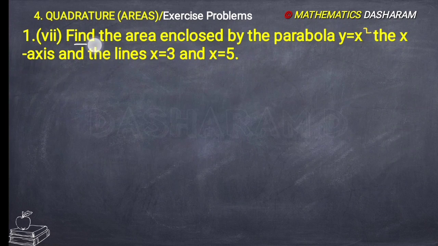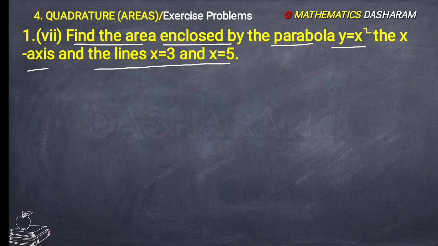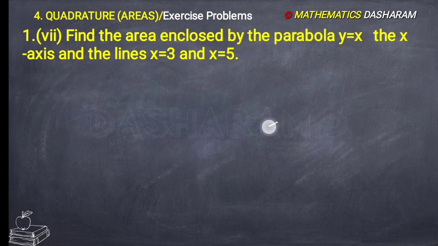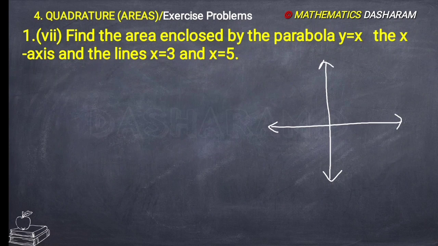Next question, find the area enclosed by the parabola y equals x square, the x-axis and the lines x equals 3 and x equals 5. We know that the graph for y equals x square passes through the origin. This is the y-axis, the x-axis.